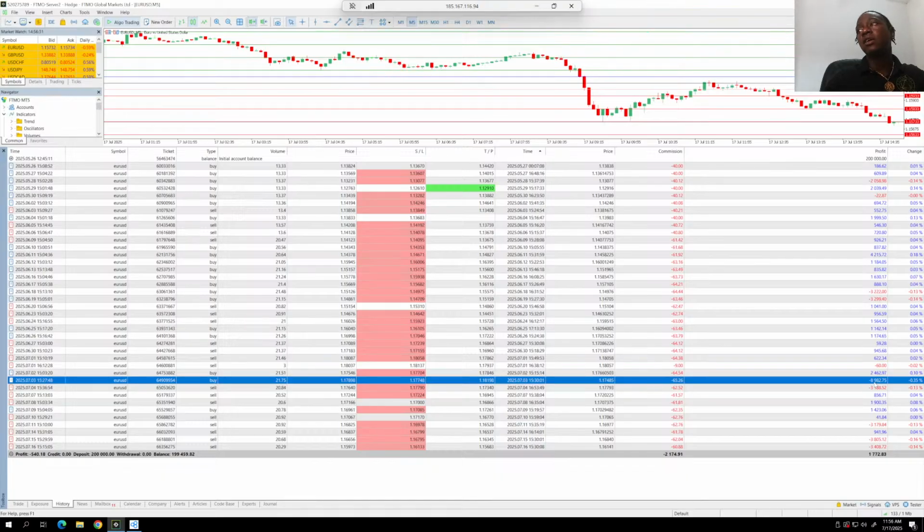So instead of taking a winning trade, it triggered the opposite trade, which ended up being a losing trade. And then not only did it end up being a losing trade, it ended up being a 3x losing trade. So instead of losing around 3,000, maybe 4,000, I lost 8,000, technically 9,000. And that's this trade right here.